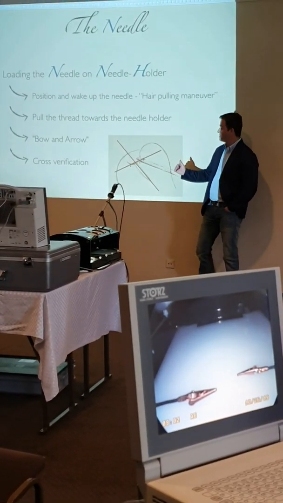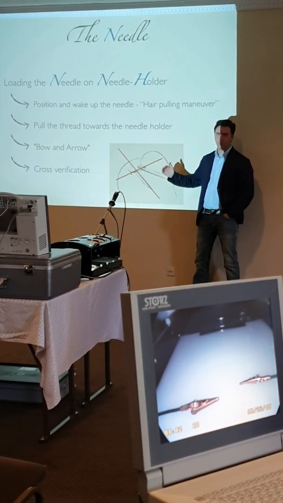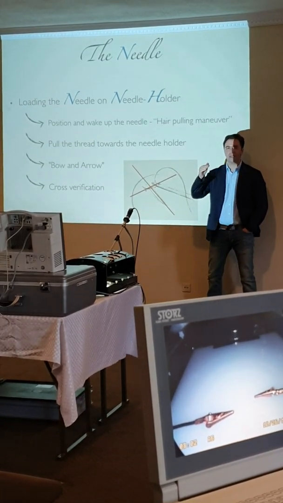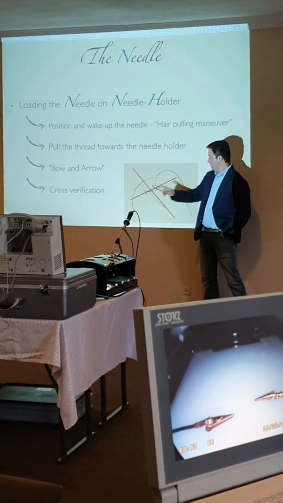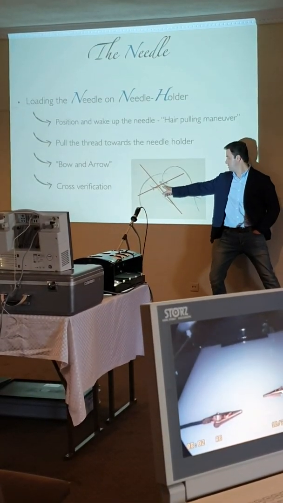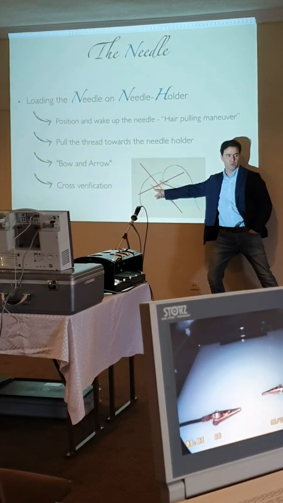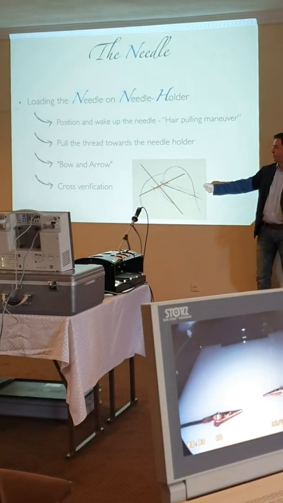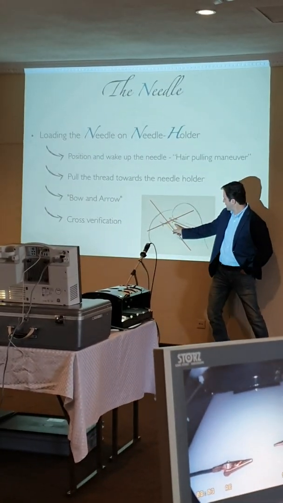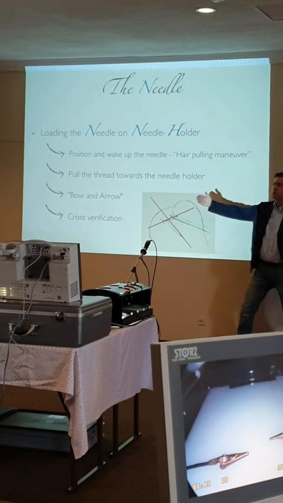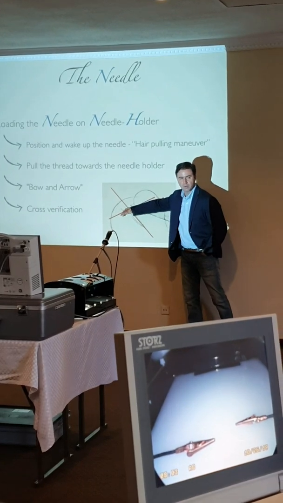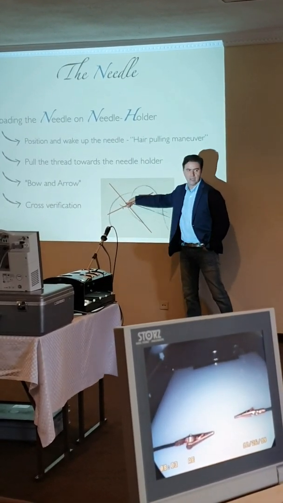It's the last maneuver, but it also lets you know how to do a fine adjustment of your needle. Imagine you want to come from this hole and leave out in this hole. You do this final cross verification maneuver, but you see that your needle is coming in this direction. So you have to close it a little bit to make it really a cross sign.